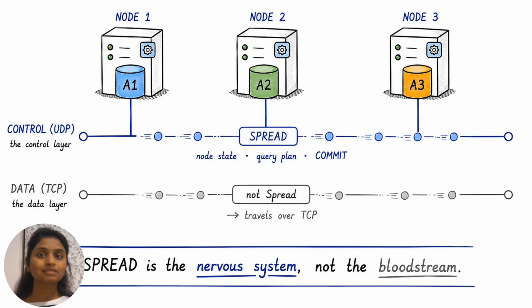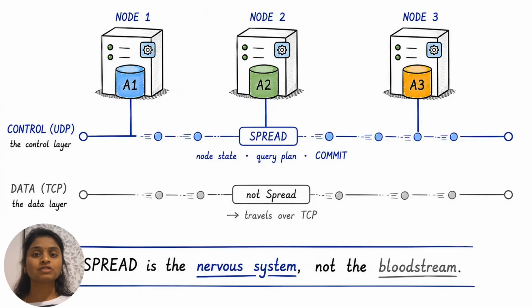I have been saying that spread carries control messages and not your data. Now let's make that exact, because this one distinction is the whole key to understanding what spread does and what it doesn't. This is the control layer. It runs over spread using UDP, which is fast, lightweight, and a connectionless protocol.